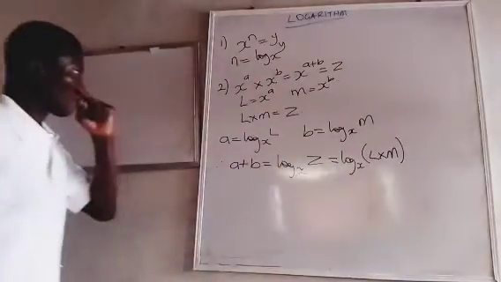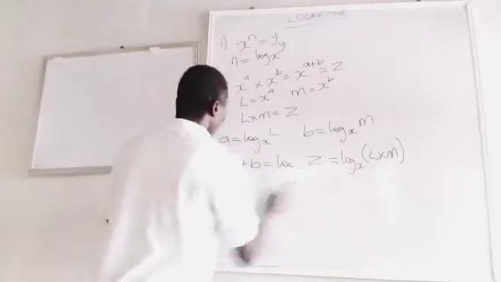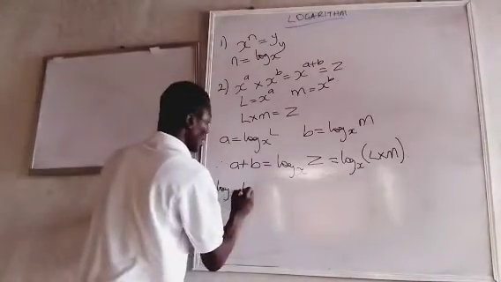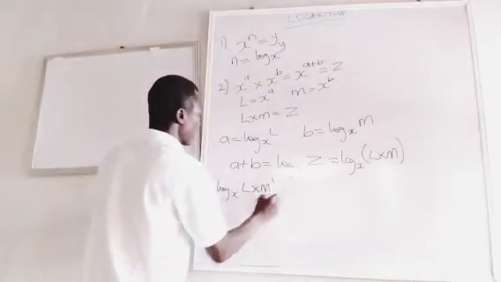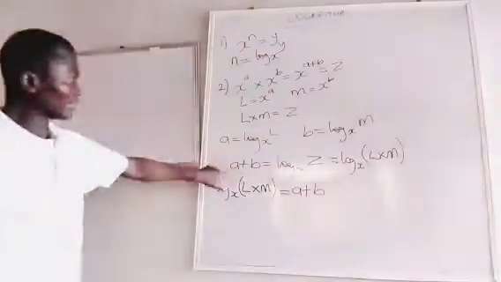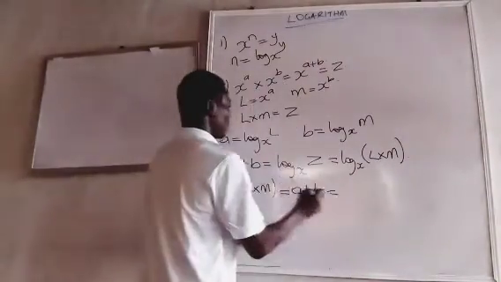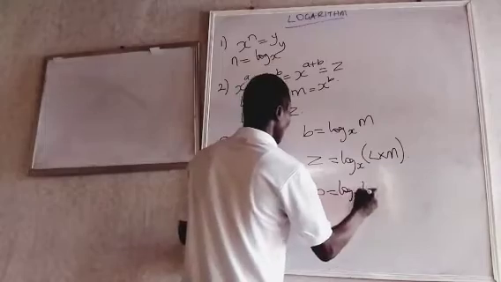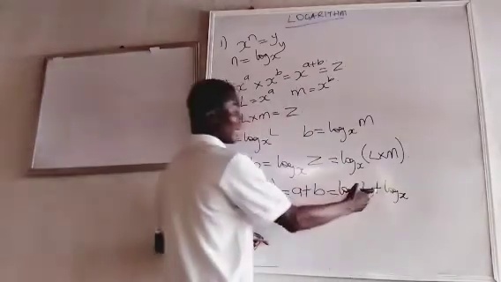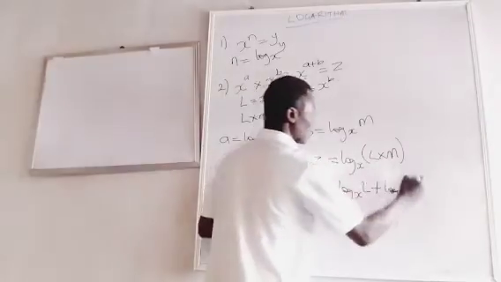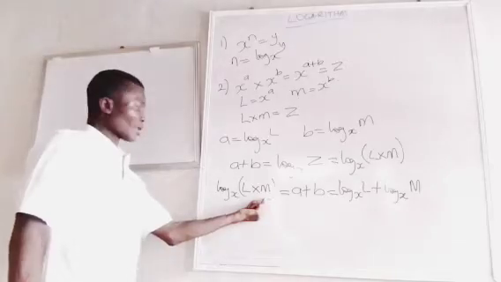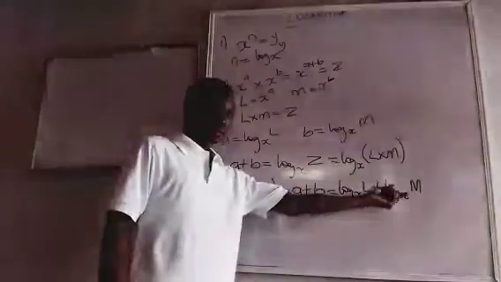So what does this mean? It means that log of L times n to the base x is equal to a plus b. And that is equal to log L to the base of x, please, plus log n to the base of x. You can see. So when we have products, we are going to add the logs.